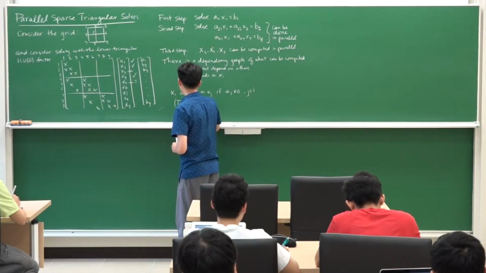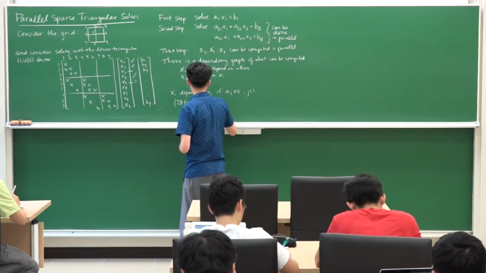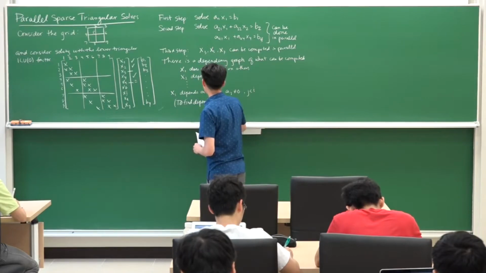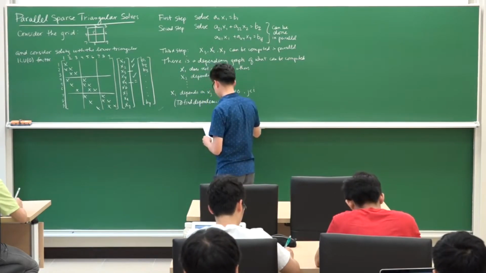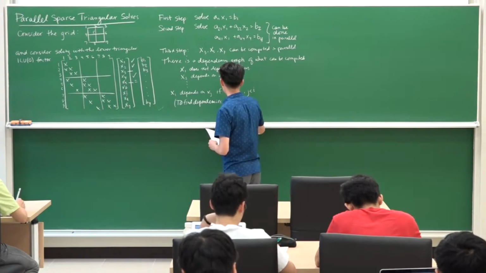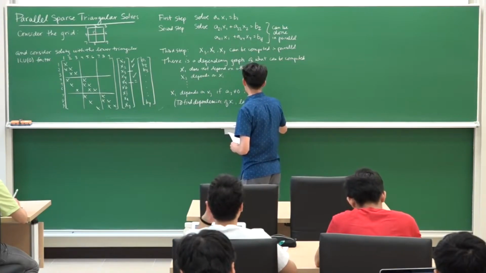And to find the dependencies of xi, look in row i.